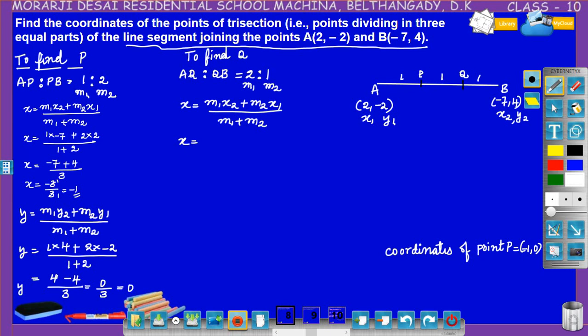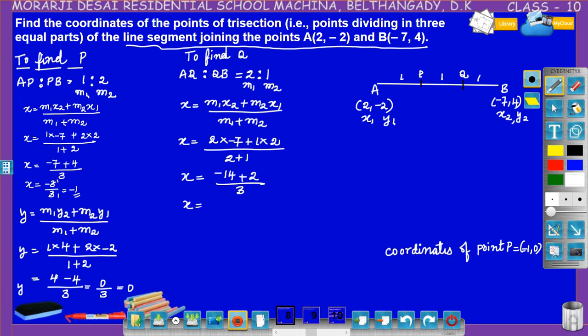So X is equal to M1 is here 2 into X2 is minus 7 plus M2 is 1 into X1 is 2 divided by 2 plus 1, that is X is equal to minus 14, 2 into minus 7 is minus 14 plus 2 divided by 3.